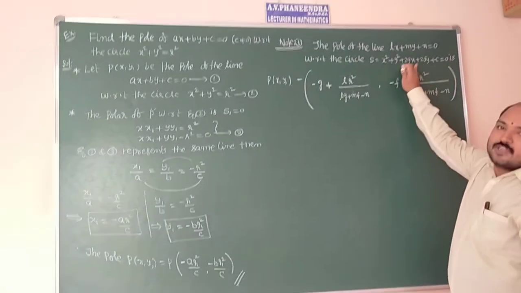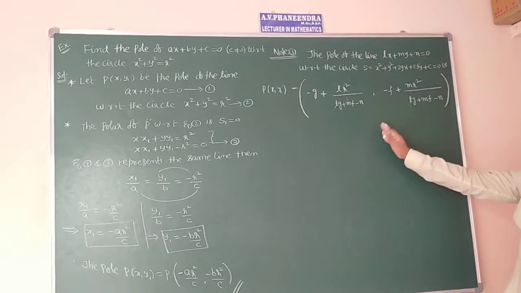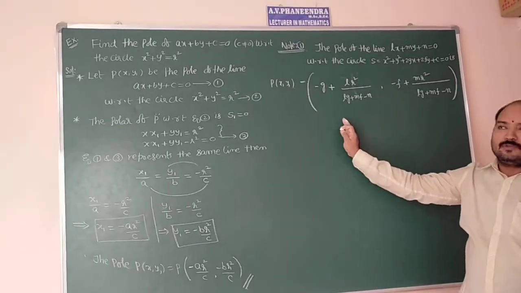Whenever it is the standard general equation of a circle and the line lx plus my plus n is equal to 0, this is the formula.